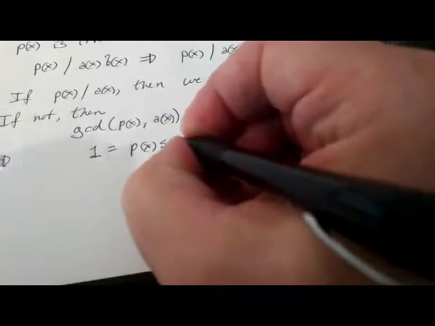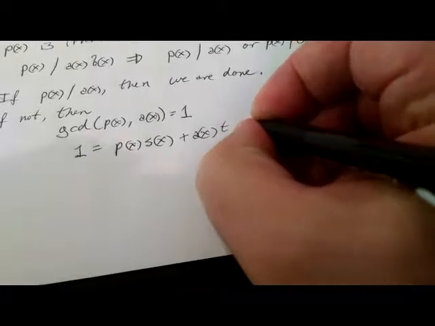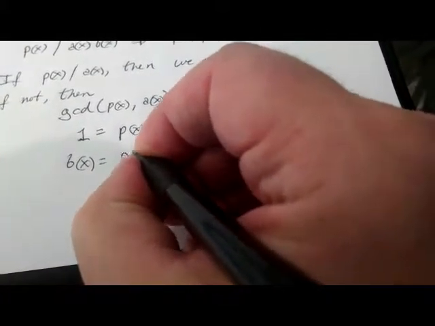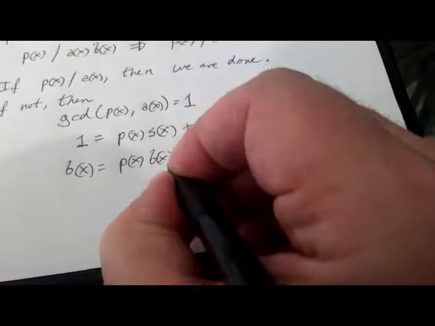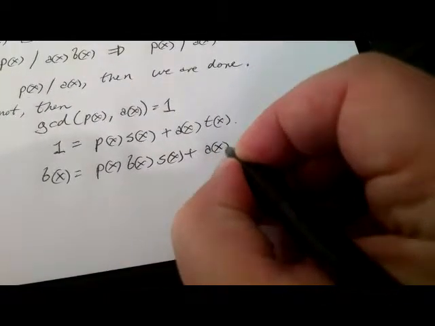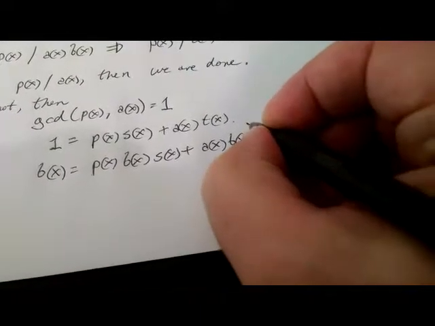And that means we can write 1 as a linear combination of p of x and a of x. And as we did before, we multiply through by b of x, and we get b of x equals p of x, let me use commutativity here and write it that way, plus a of x, b of x, t of x, and let me group it this way.